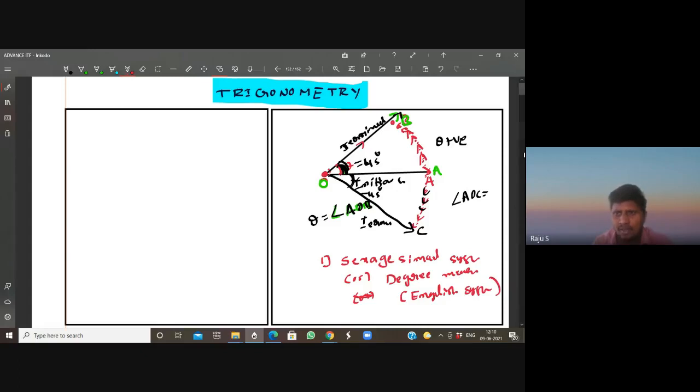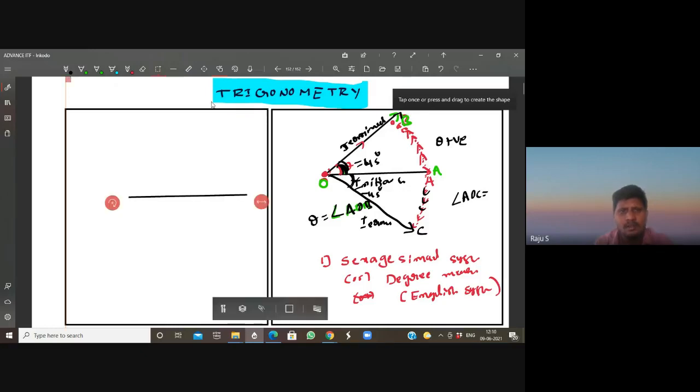Okay, fine. When the angle between the initial side and the terminal side is 90, see, this is the initial side, this is the terminal side. What do you observe here?